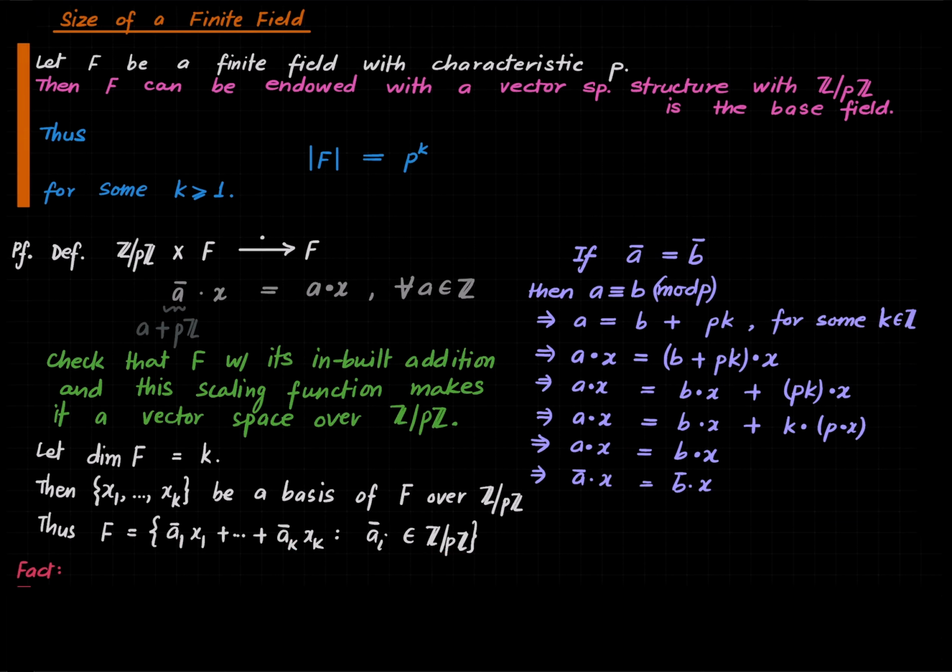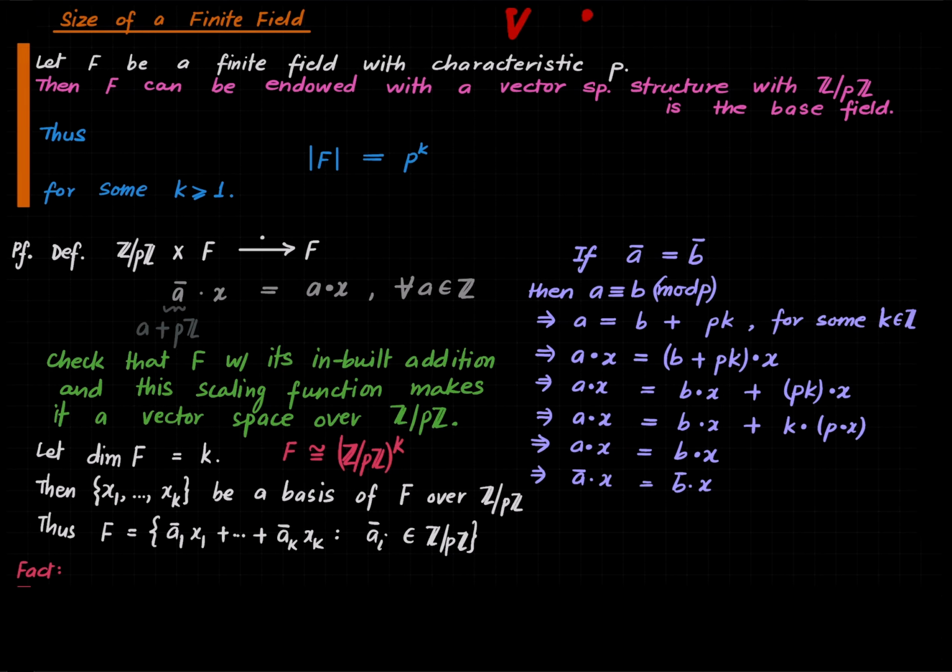Another way to say it: since the dimension of F is K, we know that F is isomorphic to the base field to the power K. Suppose you have a vector space over a field, what's a good name for a field?